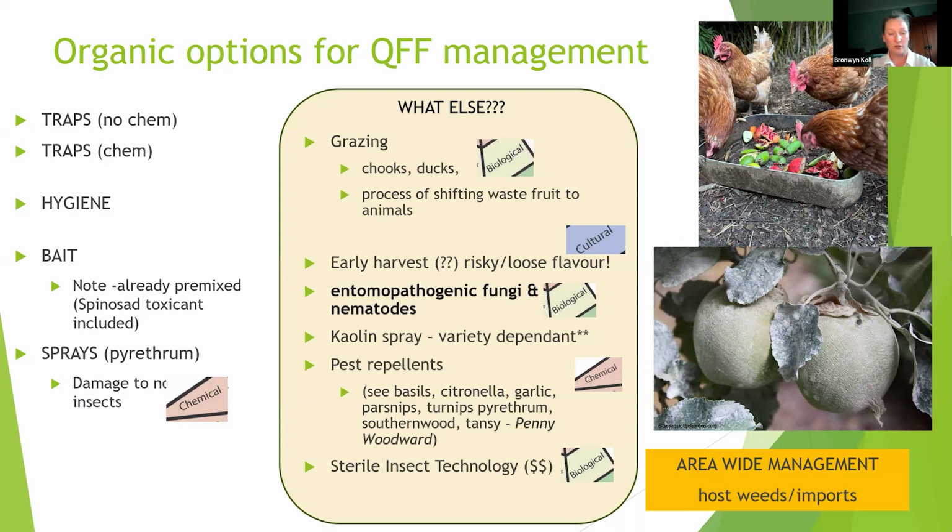I won't touch on it tonight, but sterile insect technology is an option we're looking at in the future. That's where Queensland fruit flies are grown in a factory, sterilised with irradiation, and then the males are released into the environment where there are wild Queensland fruit flies.